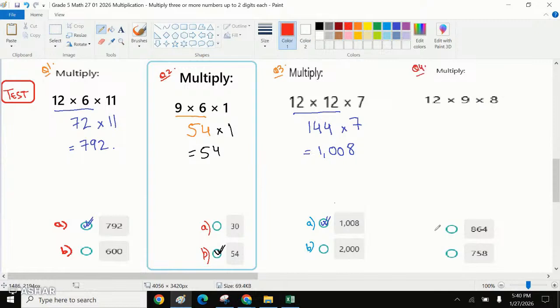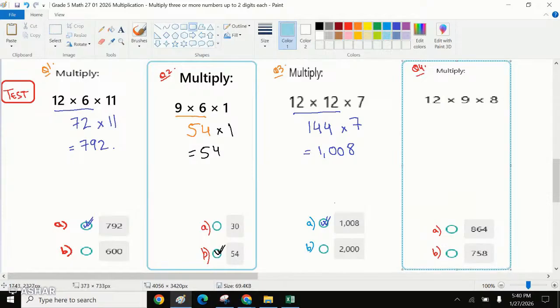And question number 4 says 12 multiplied by 9 multiplied by 8.